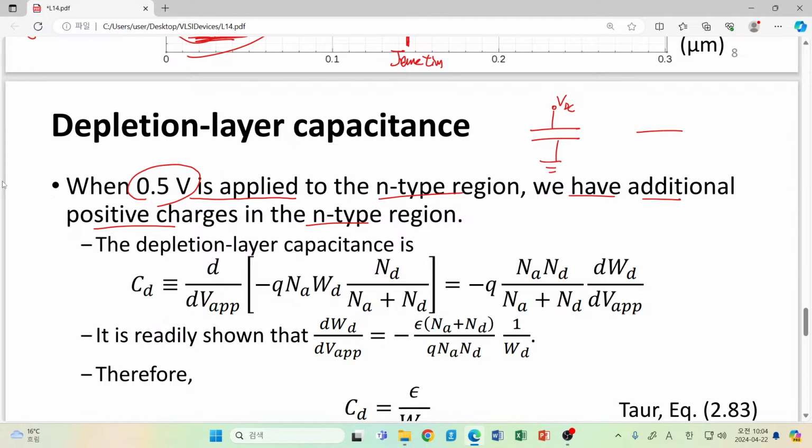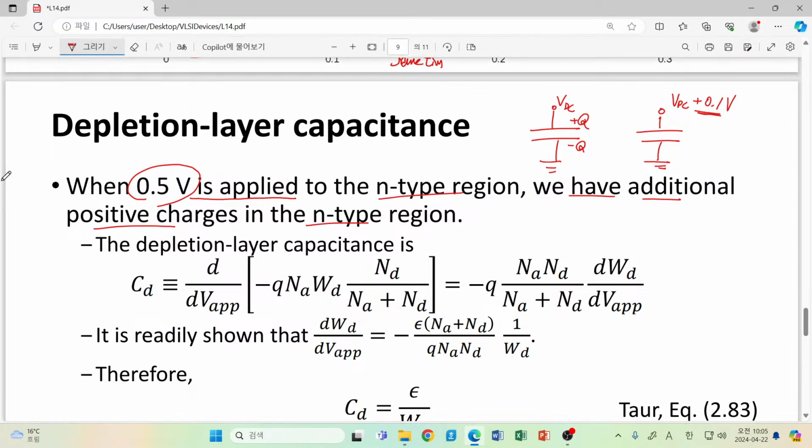Now you increase your DC voltage by 0.1 volt, and let's say that there was a certain amount of charge Q and negative charge Q. Since you have applied just 0.1 volt of additional positive voltage, what you can expect is additional positive charge.